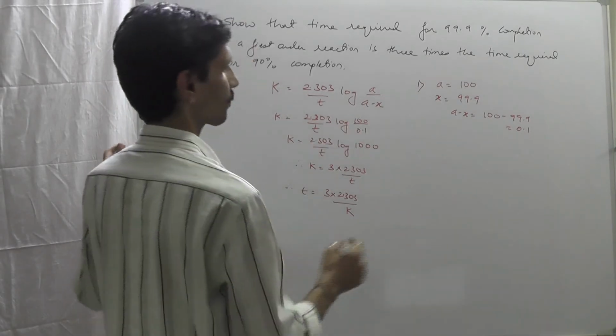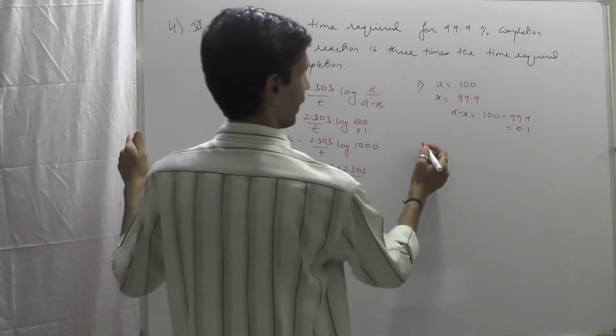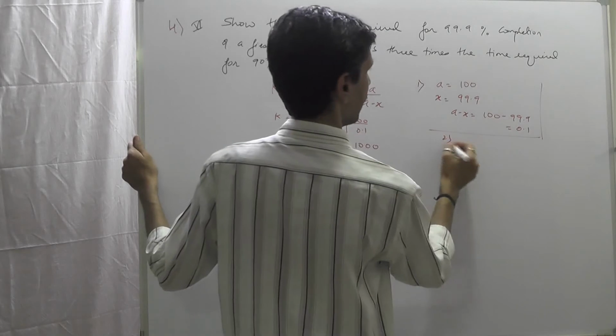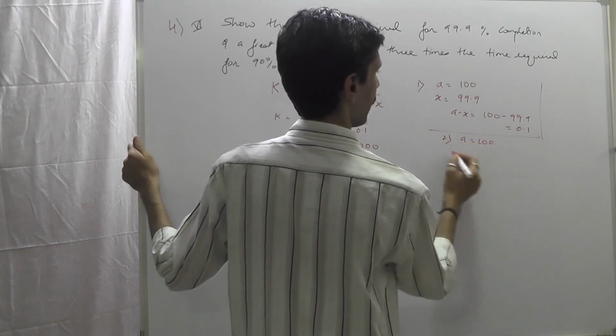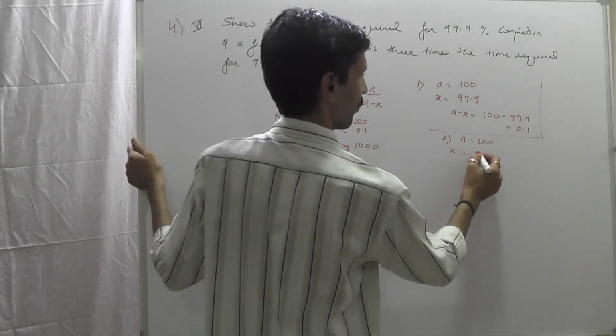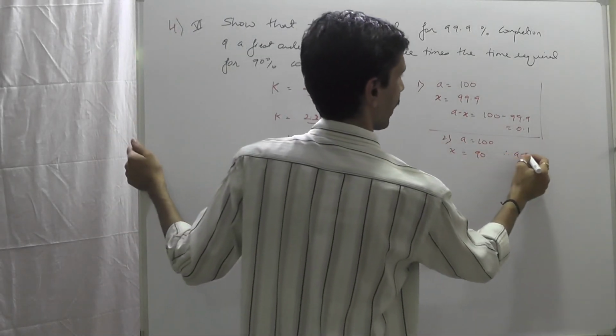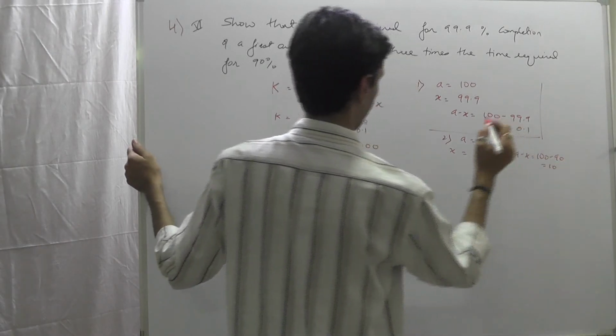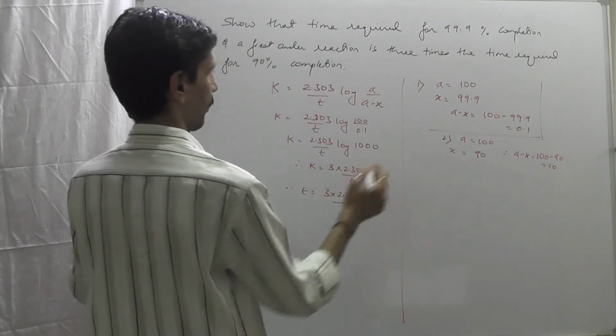Alright, now we go into the next case, I'll go for the second case now, and that is, in this case also A is equal to 100. Now X will be equal to what? For 90% completion it is. So X is equal to 90. So therefore A minus of X is equal to 100 minus of 90, and that is equal to 10. So we now start with the calculation.